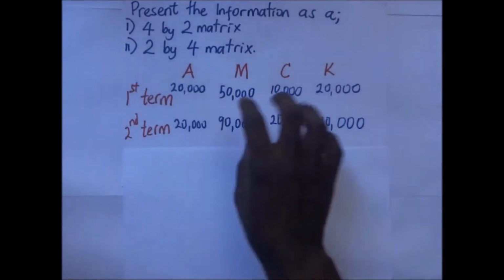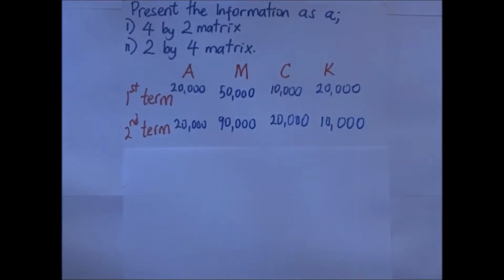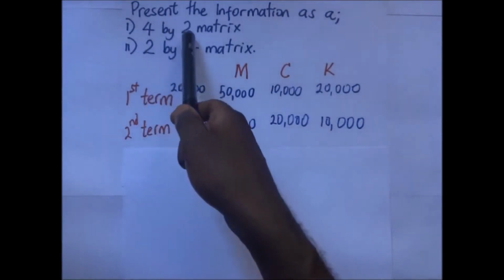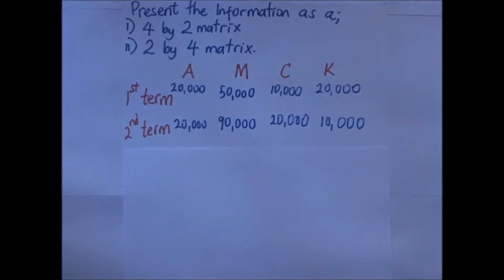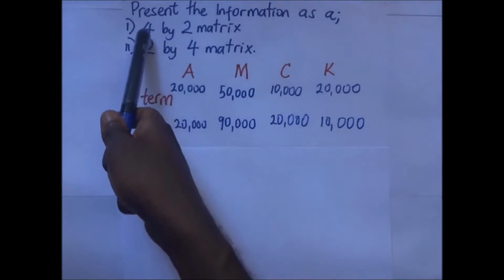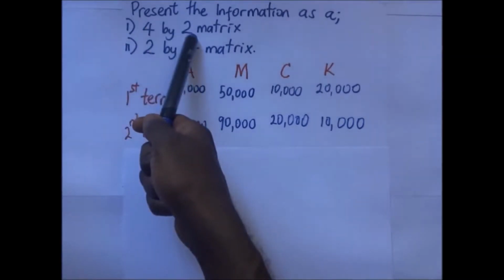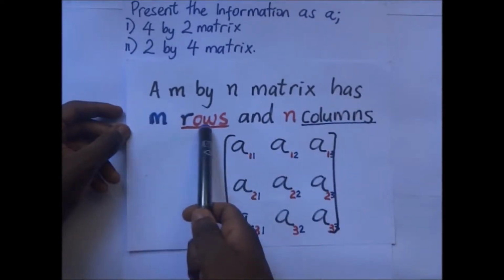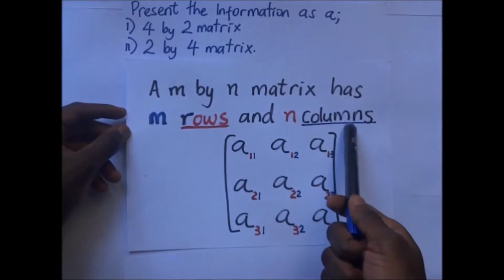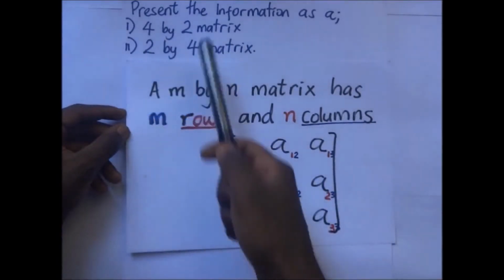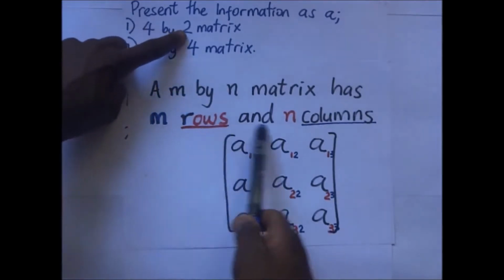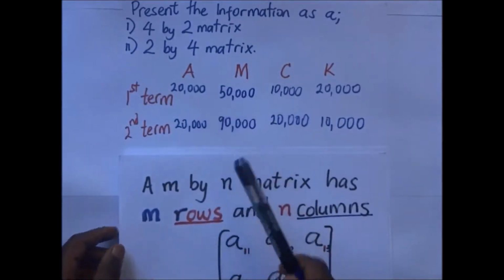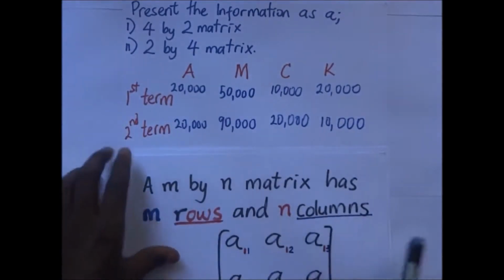When they say represent this as a 4 by 2 matrix, it simply means that this matrix must have 4 rows and 2 columns, just like we had intimated earlier, that an M by N matrix has M rows and N columns.